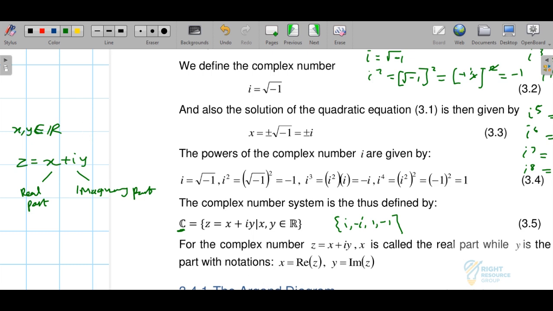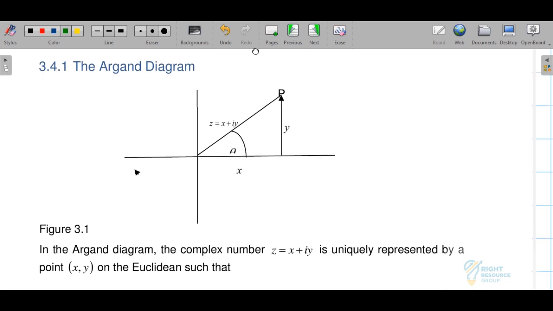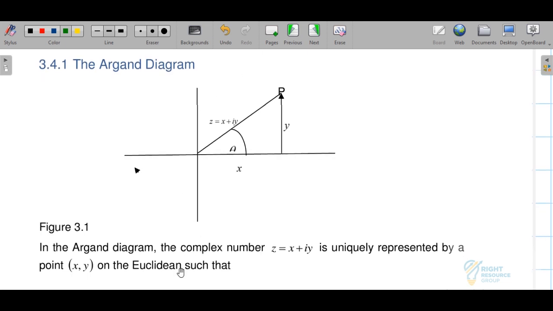So let's look at the Argand diagram. The Argand diagram is a very important aspect of imaginary numbers or complex numbers. Now remember our typical illustration of what a complex number is, X plus iY.